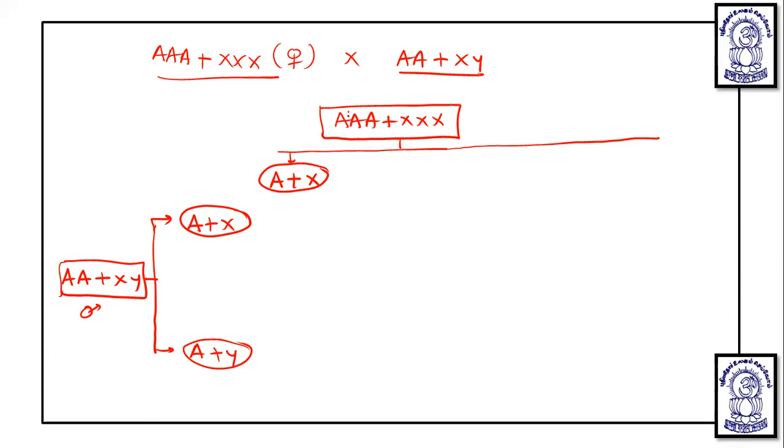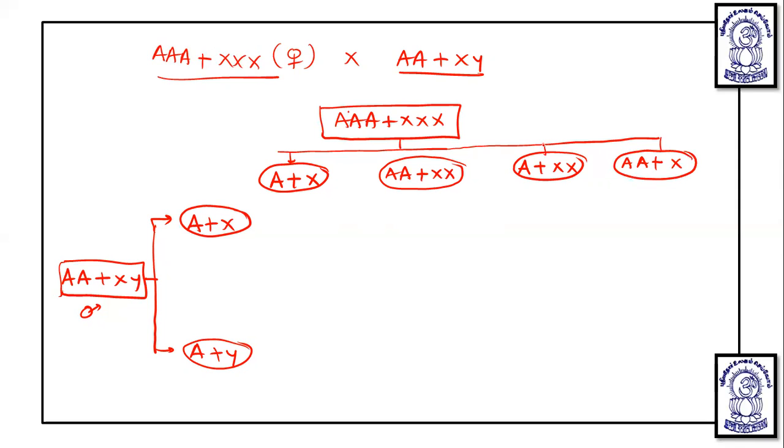If disjunction occurs between the first set and the second set, then A will be here and X will be here, so the remaining will be A plus XX. The remaining A can go with the XX as well, and the remaining A can go with the X as well.